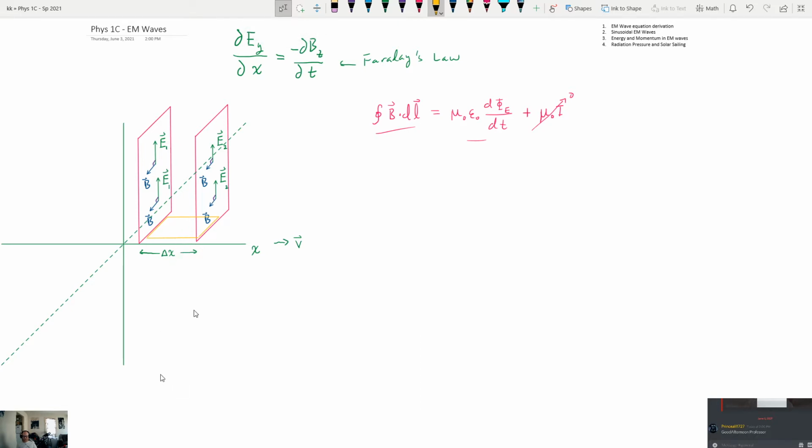Which direction are we going to go? We want to go in such a way that the electric field is pointing up for our path, right? So that would be this way, I think. I'll draw it and I'll tell you why I picked that direction. Okay, so the direction of the electric fields, as we move from plane to plane here, is pointing up, right?